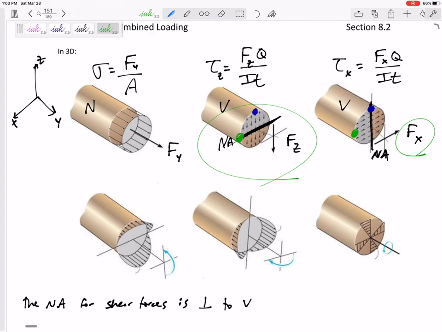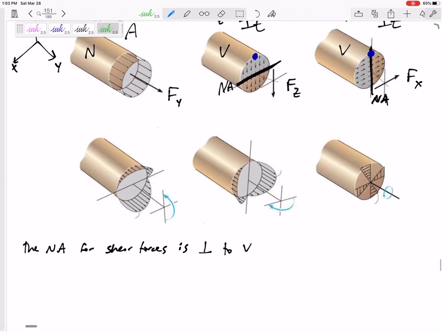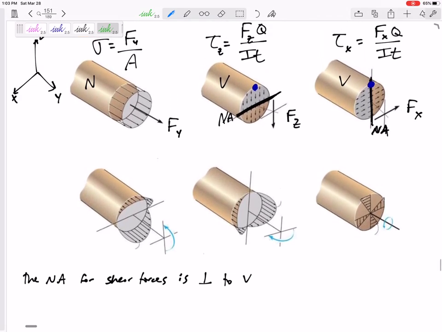It'd be 0 because it's furthest away from the neutral axis. Okay, so sometimes you kind of have to tilt your head 90 degrees to think about what the stress is at certain points.